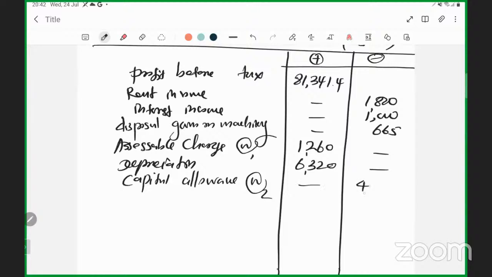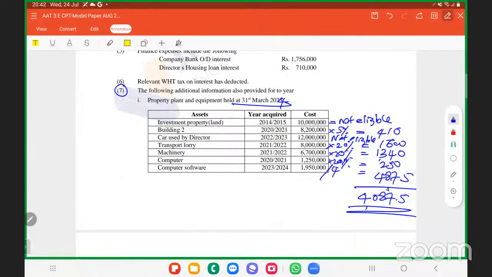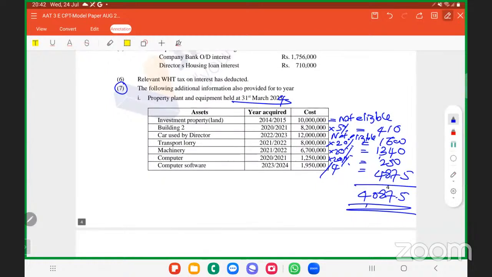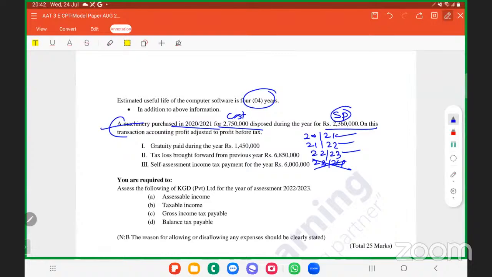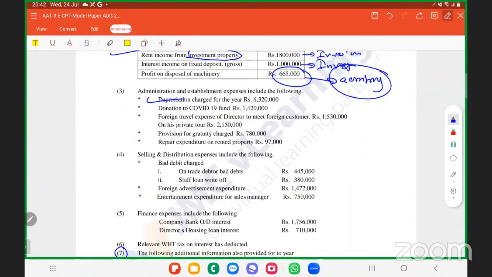You can deduct 4,087.5. Clear? We complete this one.